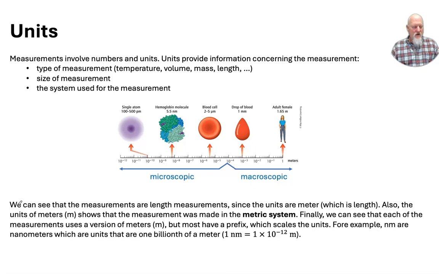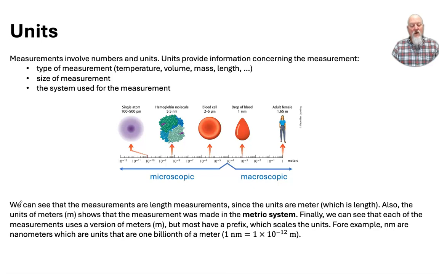The numbers again tell the value, and the feet and the inches tell you that they're measuring my height, a length, right? So in measurements, it's important that we have both a value and a unit, because the value tells you how much and the unit tells you what it's measuring. Height, weight, volume, whatever.